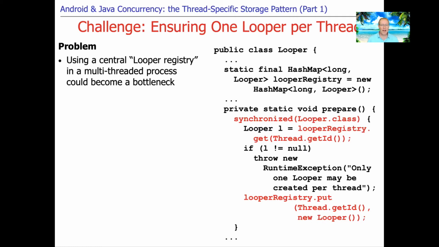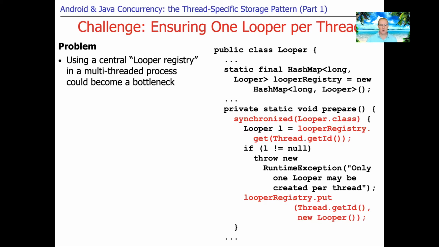The problem, if you do the naive approach, is you could have a looper registry. That could become a multi-threaded bottleneck in a multi-threaded process, because you'd have locks all over the place, and you'd have to go look up in the registry and find the looper for that thread using some kind of thread ID.